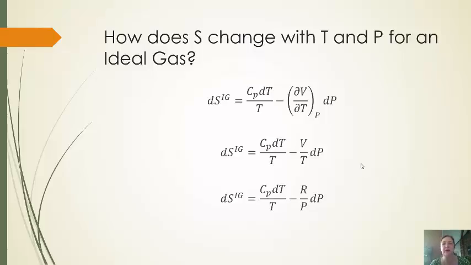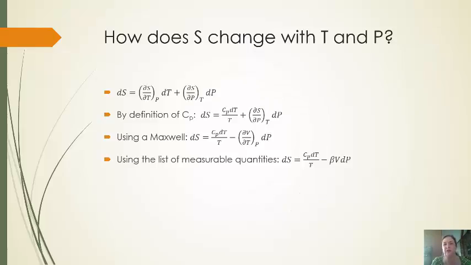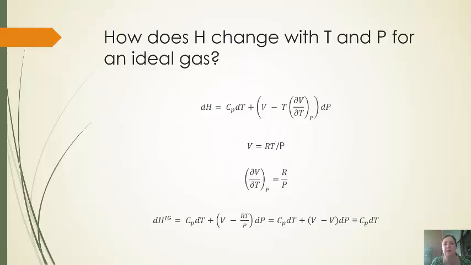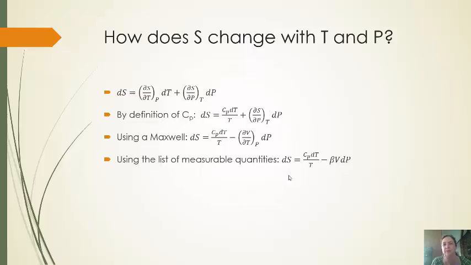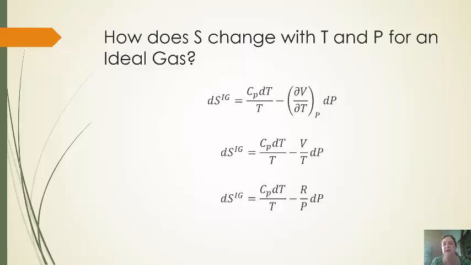wow, okay. dV dT at constant pressure is going to be, we can just come back to our previous slide back here. dV dT at constant pressure is R over P, okay, and R over P is equal to V over T. And so we end up with either of these two expressions here. We've seen these.